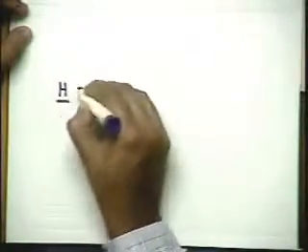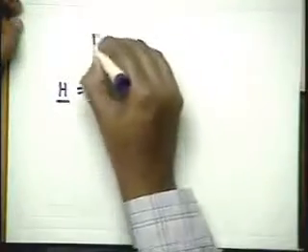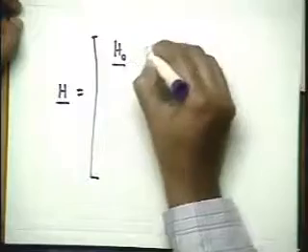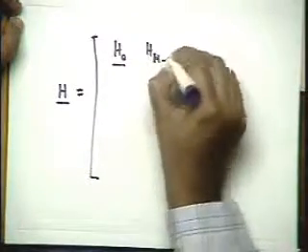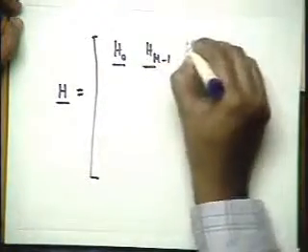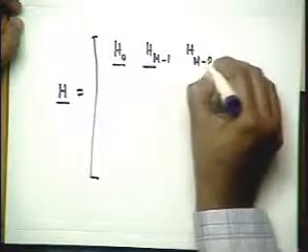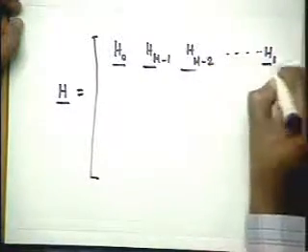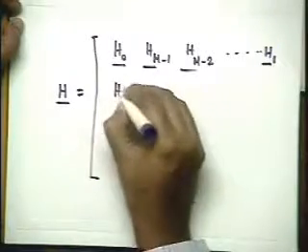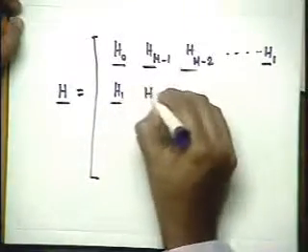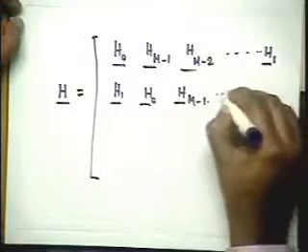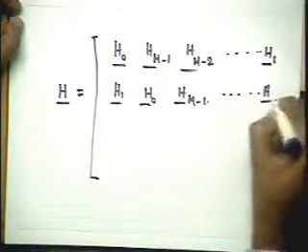The capital H matrix in two dimensions is being written as H0 matrix, H(m-1) matrix, H(m-2), etc., up to H1. The next row is H1, H0, H(m-1), etc., H2.